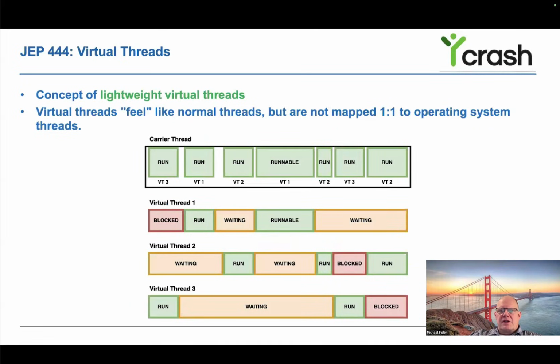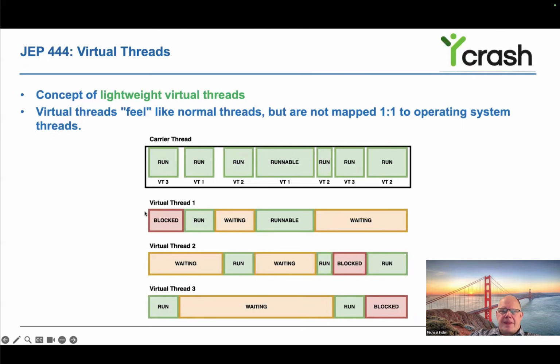The core idea is that if you have several threads, they are perhaps running, waiting for something, in runnable state, or blocked. If you look at them, it is possible to have all the active phases where they are running performed by just one thread.